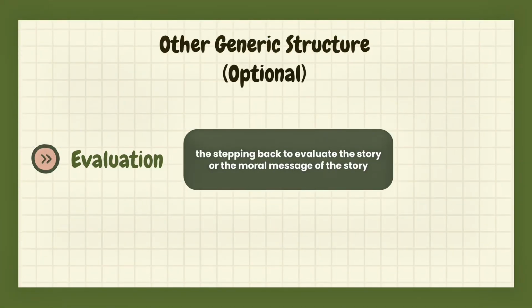In addition to the text structure mentioned above, there are other optional structures. These may or may not be present. Among them are evaluation, which is to evaluate the story or its moral message, repeating the story or moral message as a form of evaluation.